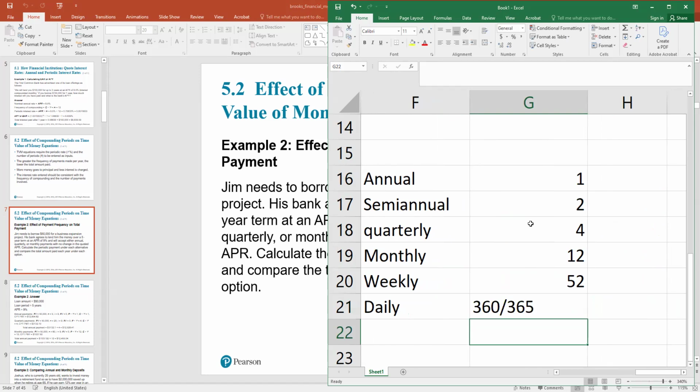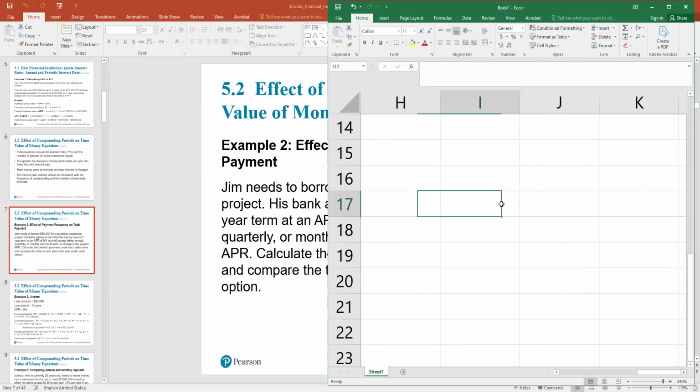So these periods we're going to be using to convert the APR. If the APR is given, let's say monthly, then you just divide it by 12. If it is given semi-annually, you divide by 2. Imagine the yearly rate is 12%.